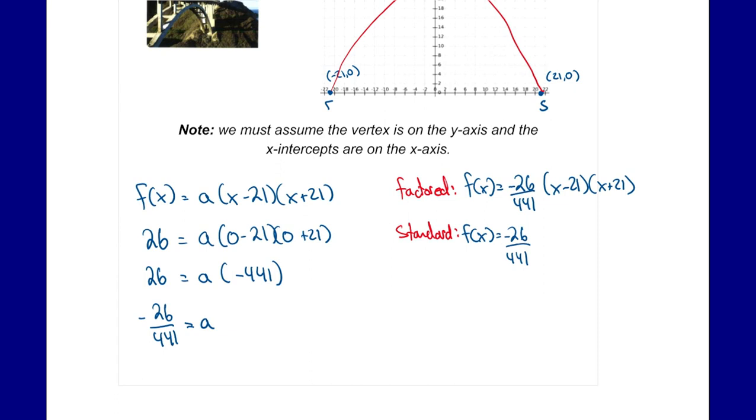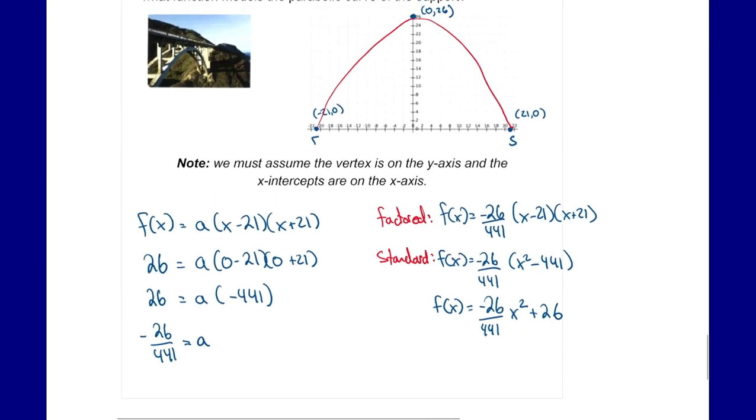I can recognize, again, a difference of squares, so this would be x squared minus 441. And when I multiply through, f of x is equal to negative 26 over 441 x squared plus 26. Because we multiply the fractions, the 441s cancel each other out, and the negatives cancel each other out. We're left with positive 26.